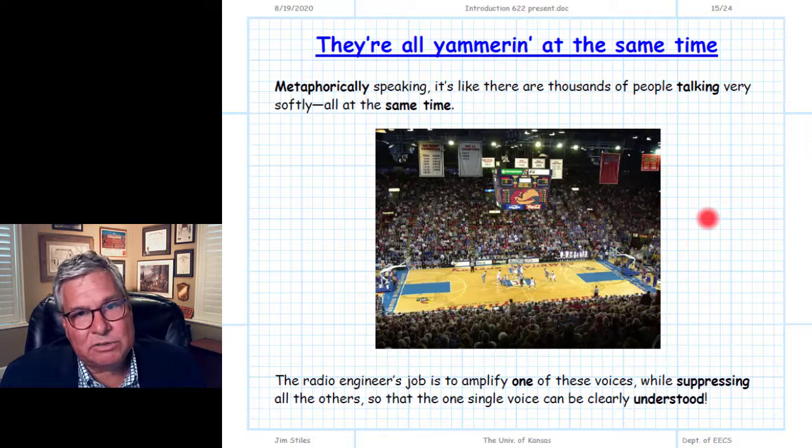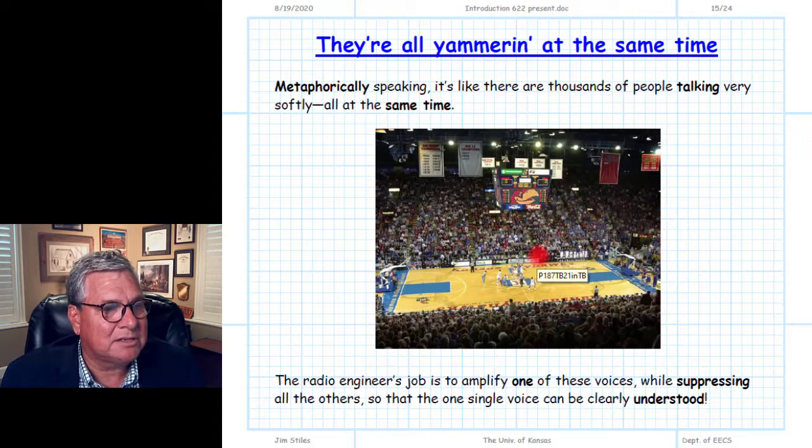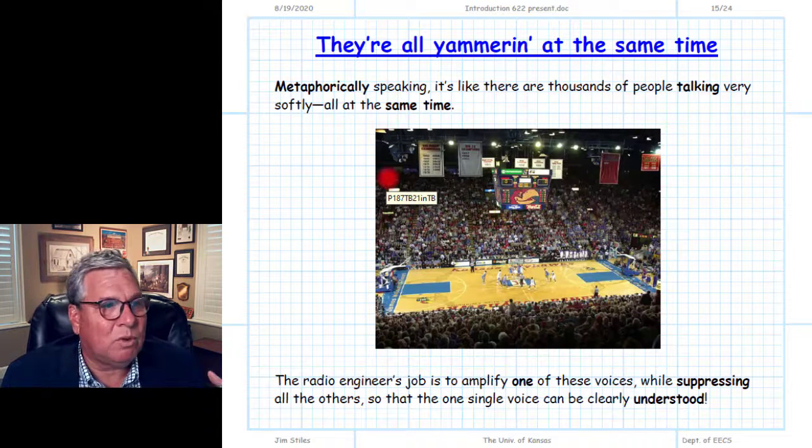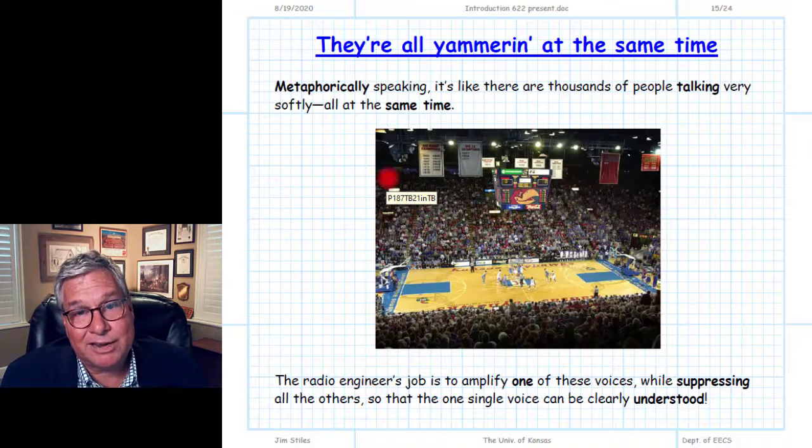So the analogy I use here is, let's say we're at Allen Fieldhouse, and let's say Allen Fieldhouse is full of people and they're all talking, and you're sitting there at center court, and you want to hear the conversation, what somebody is saying, all the way, let's say, up here in the rafters in the very top of Allen Fieldhouse. Now this is a problem. It's a problem for two reasons. One is, even if there weren't any other people there, this person is talking too softly for you to hear.